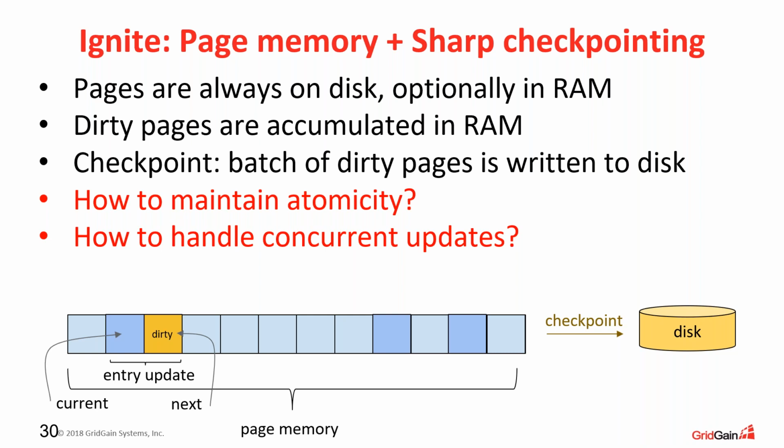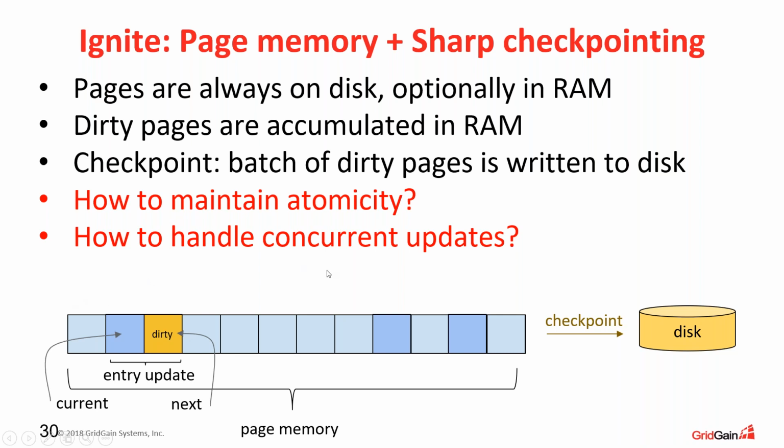It updates 2 pages, and when there's a user operation that updates 2 pages, it's undesirable that such operation would be partly included in checkpoint. So if we will start checkpoint in the middle of such operation, the first page will get into checkpoint and the other page will not get into checkpoint. And we should avoid such situation.